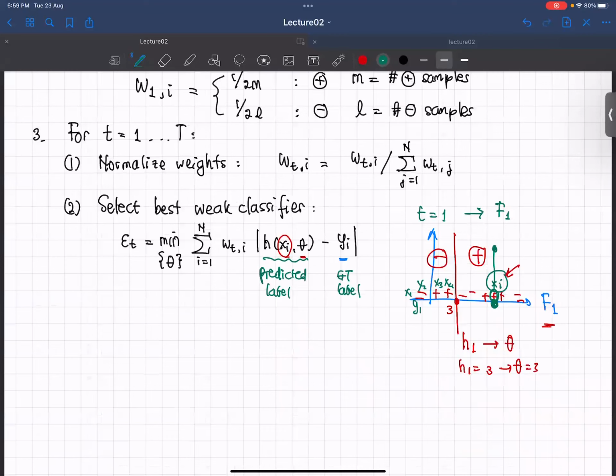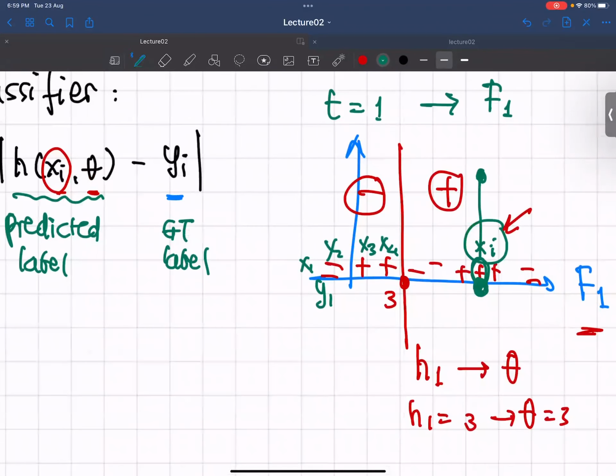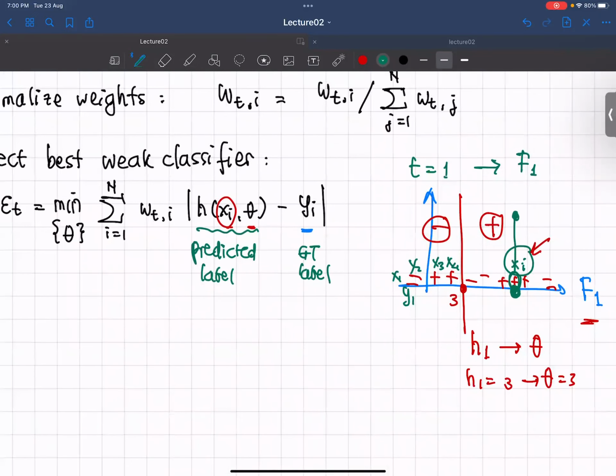If your sample is X3, what is your Yi? Y3 in this case will be positive, which is 1. And what is the predicted value? Negative, which is 0. If H is 0 and Yi is 1, then the error in this case will be 1, because there is an absolute value there: negative 1 absolute value equals 1.